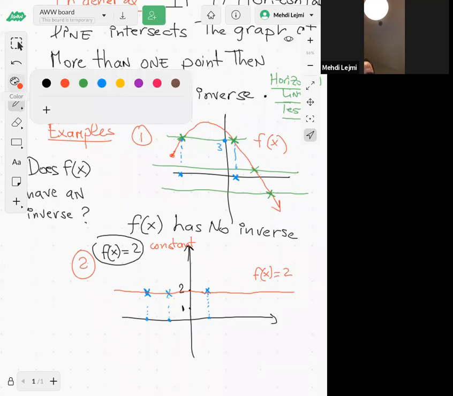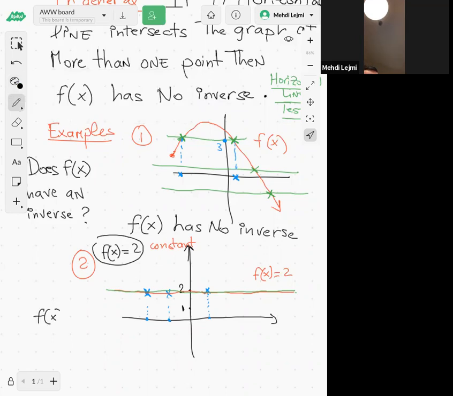So if I take this horizontal line here, it's going to intersect the graph at all the points, right? And obviously, then f of x has no inverse. Because the graph is just a horizontal line, right?